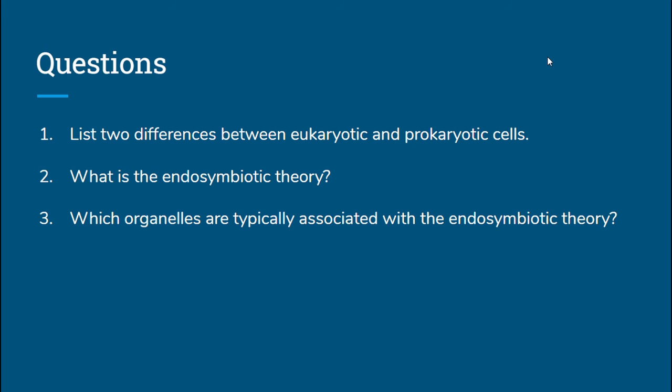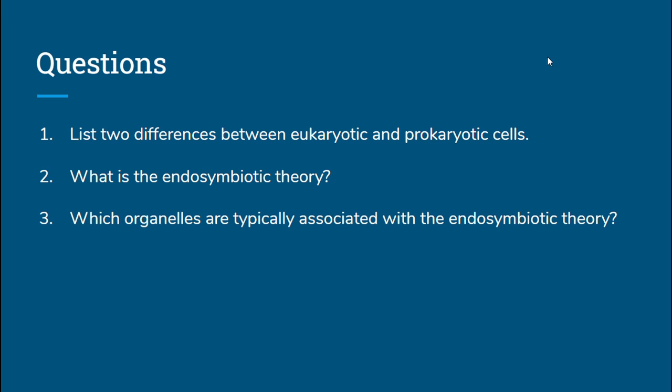Second, what is the endosymbiotic theory? We didn't talk about this, but you should know what this is. Basically, it's a theory that says that organelles that are currently in eukaryotic cells may have at one point been individual organisms.